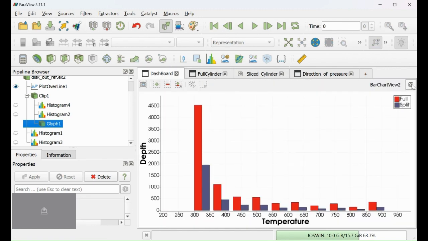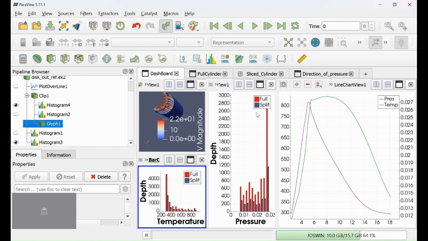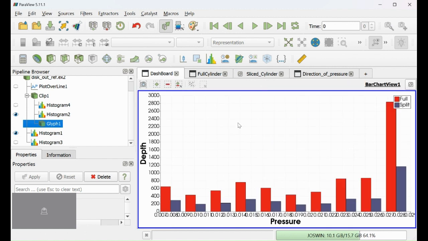Another thing we want to look at is the pressure distribution. Pressure distribution indicates that as the depth increases, the pressure also increases. However, there are many factors that contribute to pressure being high.